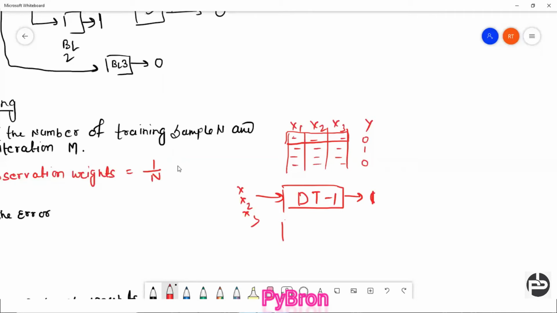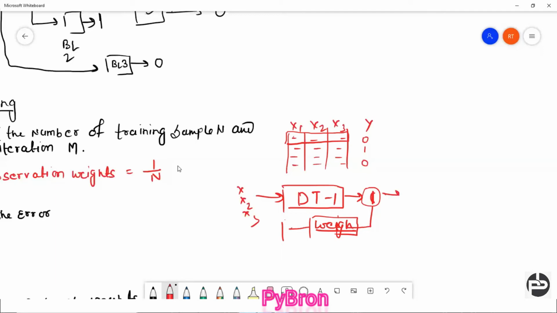As I told you, each base learner has some weight. Initially each learner has the same weight. Now, as it is not correctly identified, I will change the weight, and with the changed weight, I will train my model again with the same input.